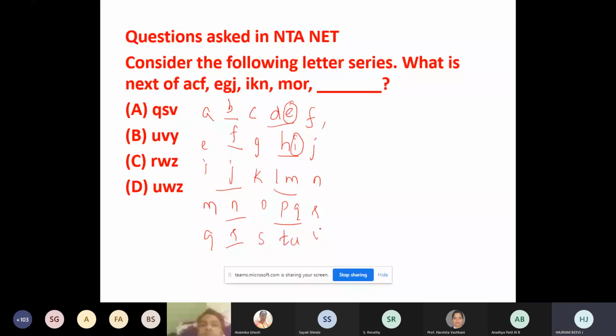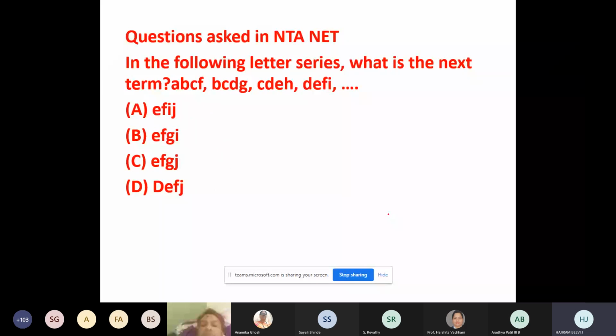Then the next one. This question was asked in the previous NET exams. In the following letter series, what is the next term? ABCF, BCDG, CDEH, DEFI. The options are EFIJ, EFGI, EFGJ, DEFJ.